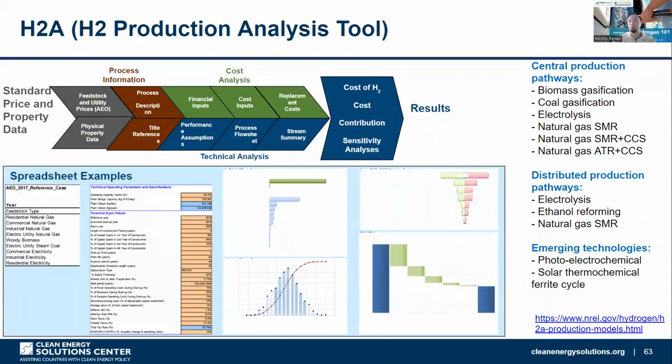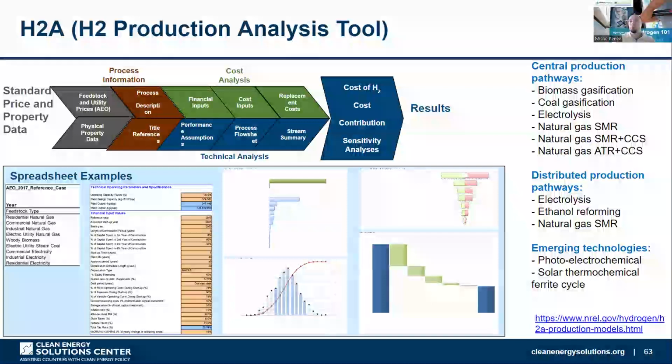Same thing with autothermal reforming, which is a slightly more economic way of doing greenfield hydrogen production from natural gas with sequestration. Electrolysis is one of the major green pathways for hydrogen production, as well as biomass gasification.